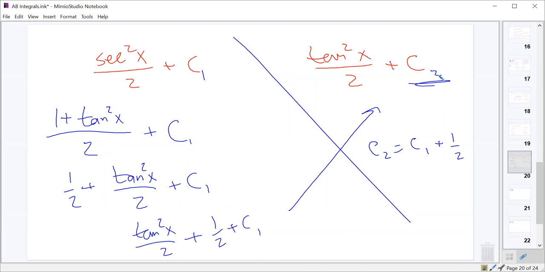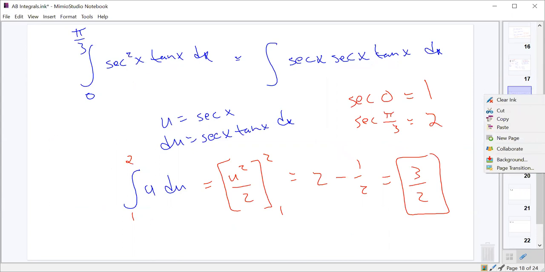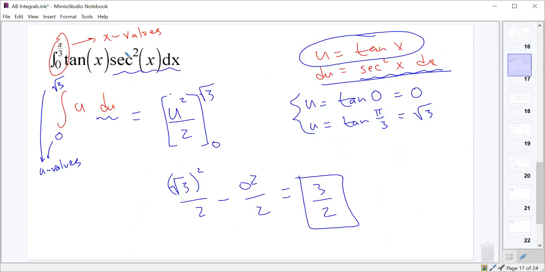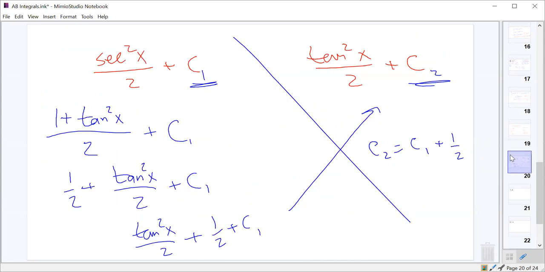So the constants that we get in each case are different from each other, but each of these things still has the same derivative. They both still have a derivative that is equal to tangent x secant squared x. Even though they look very different, they are definitely not equal to each other. They only differ by the constant, because I can turn this one into the same thing with a different constant.